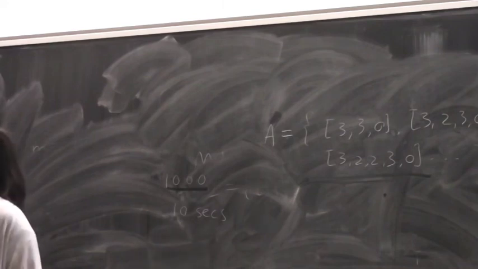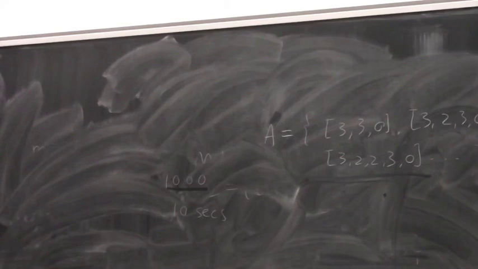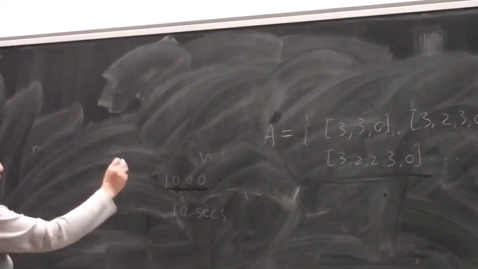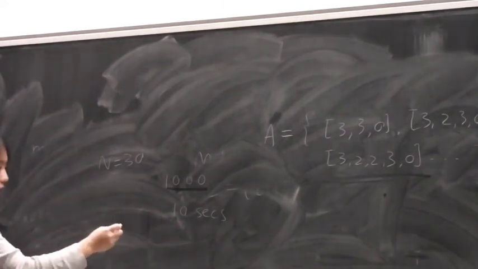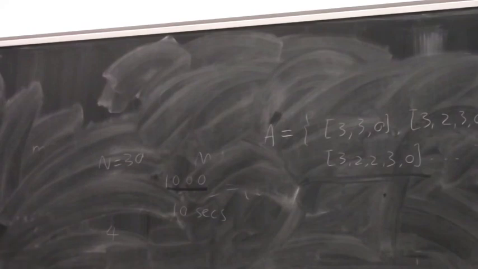But I guess that's for certain values of the parameters. What if you make the parameters really big? You're right, this is for n equals 30. For 50 on my computer, I think it's just like 4 times as long. So it's not too bad.